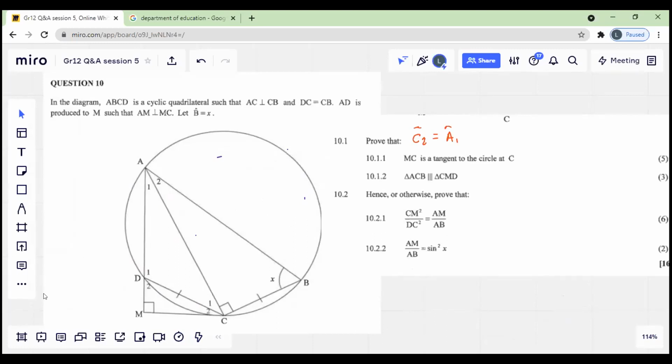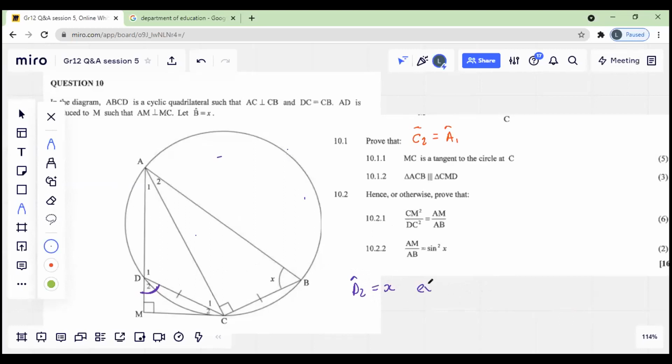Actually, hang on a second. I think I was wrong and you're right, Chad. I think that's the only way we could do it. Sorry, I made a mistake. It's not tan chord theorem. It's just the one thing that I wrote. Angle D2 is equal to x, but my reason here was wrong.